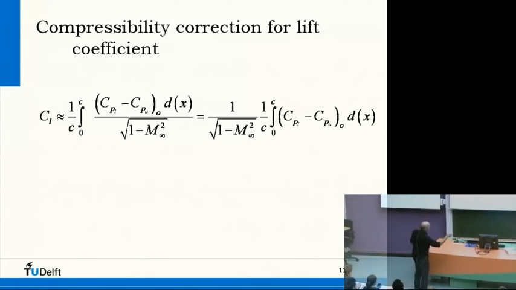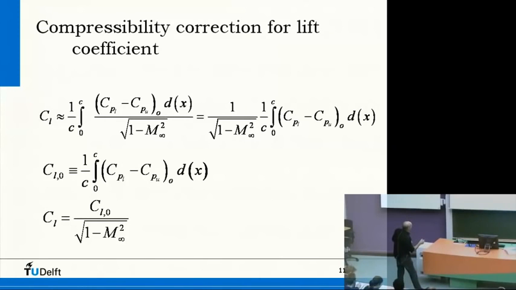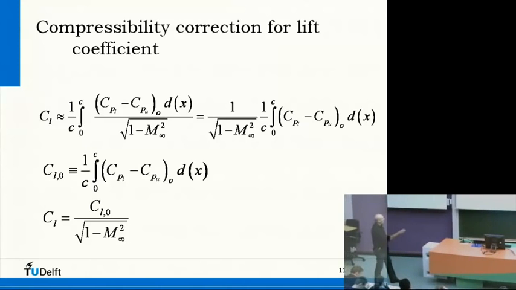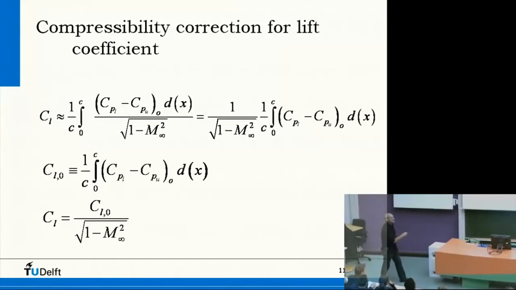Because this is a constant for one certain Mach number, we can take it outside the integral and put it like this. And of course, this is the old CL0, right? CL0 is this. So also, just like the CPs, we can write CL compressible is CL incompressible divided by beta.